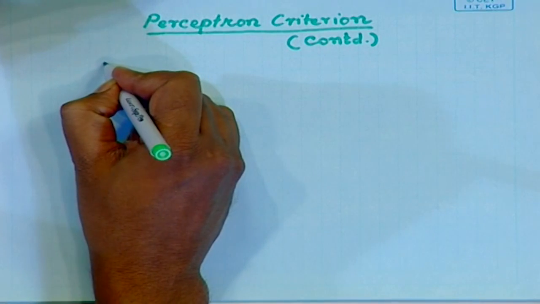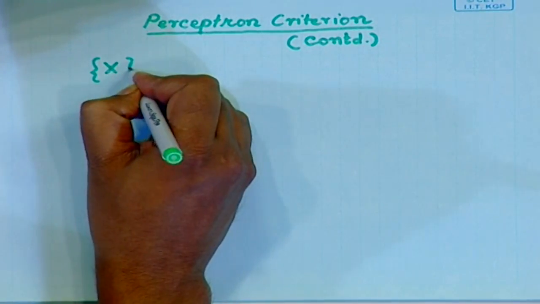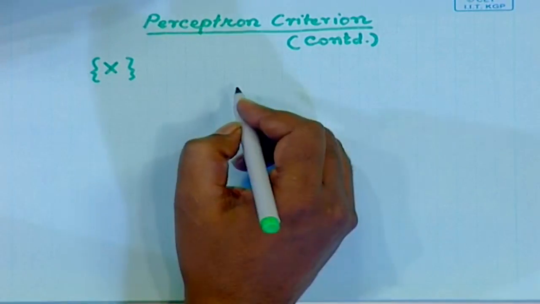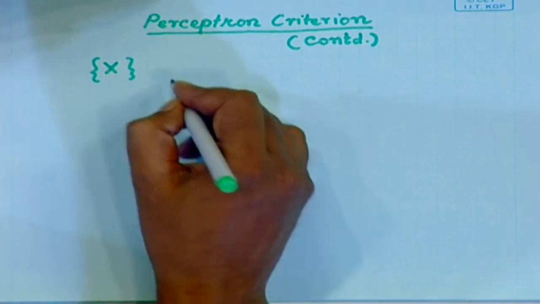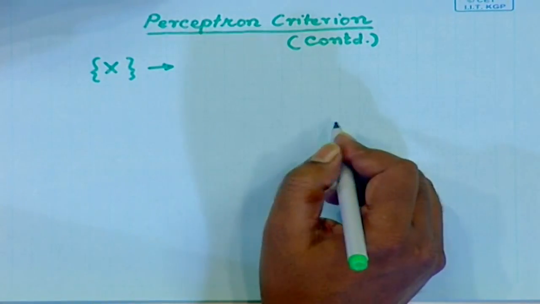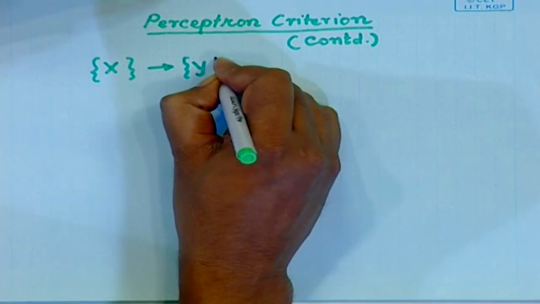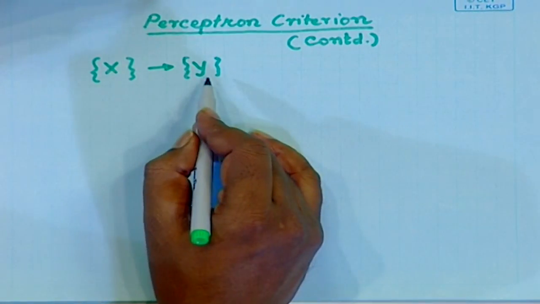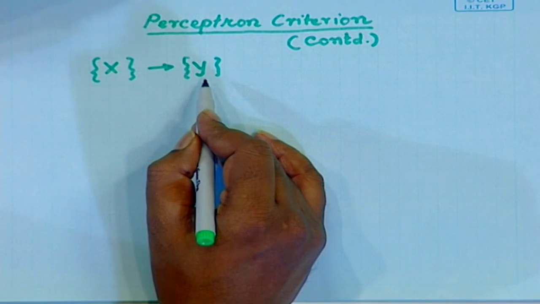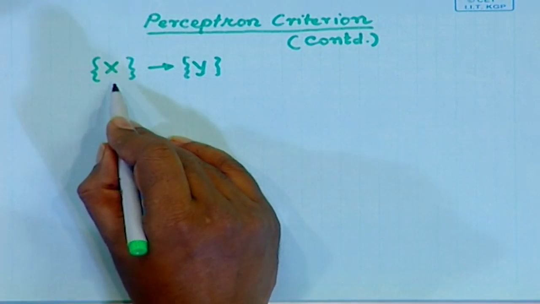The problem that we tried to address was something like this: given a set of feature vectors x, we transform this feature vector x into another vector y, where y is obtained by appending one more dimension, which is constant equal to 1, to the components of the vector x.